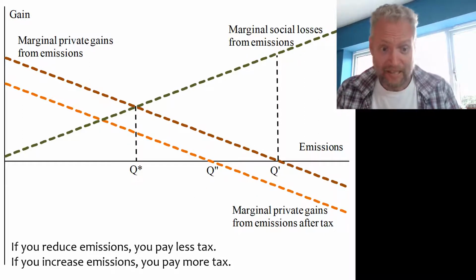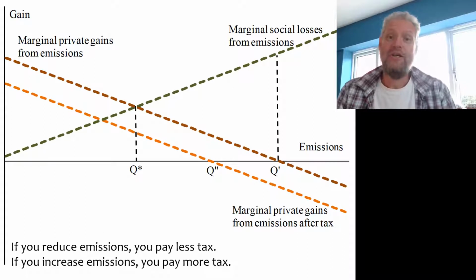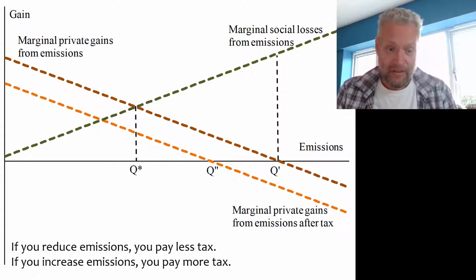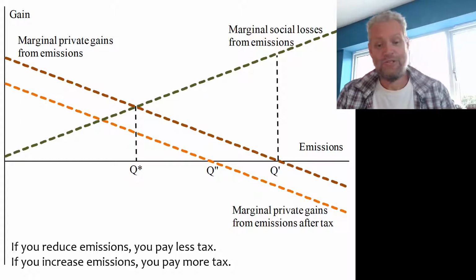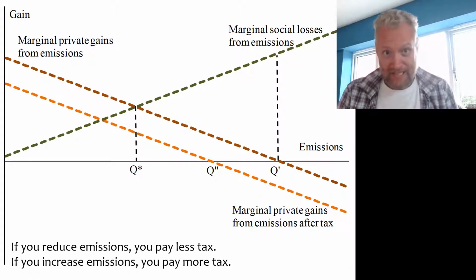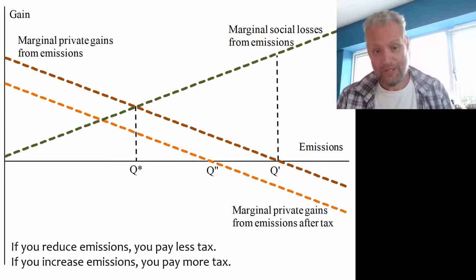The mechanism is that if you reduce emissions, you pay less tax, and that means that your profits go up, whereas if you increase emissions, you pay more tax, and therefore your profits go down. And that is the incentive for you to reduce your emissions.